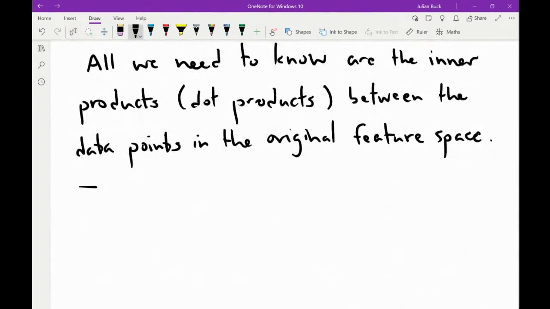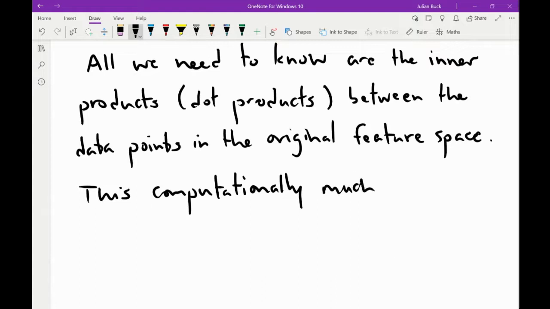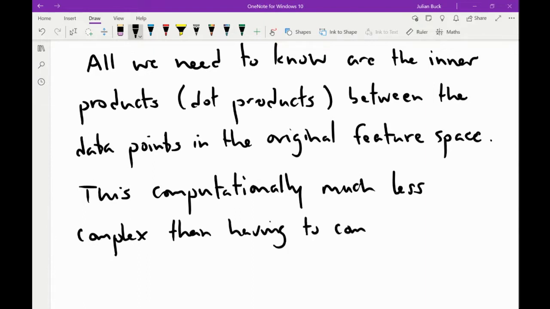So this is computationally much less complex than having to compute all the new spatial coordinates.